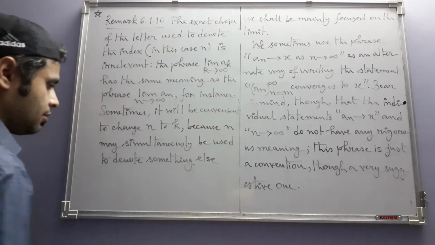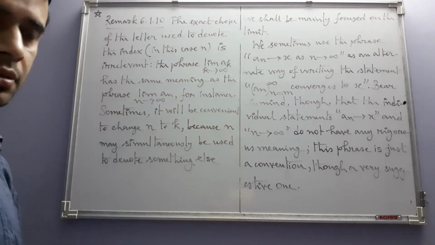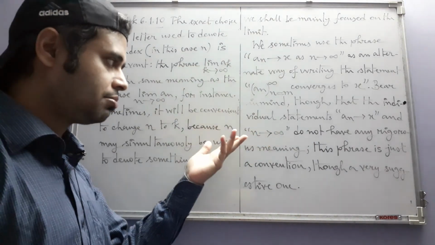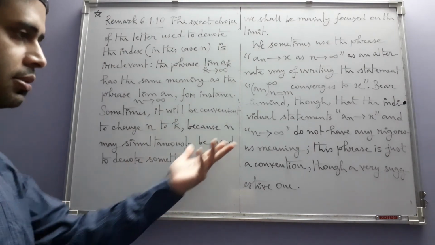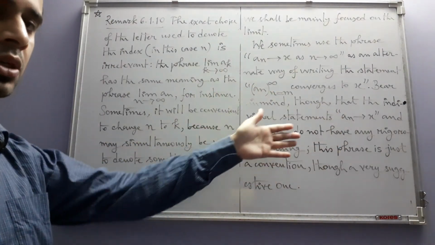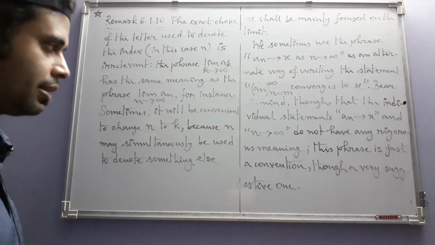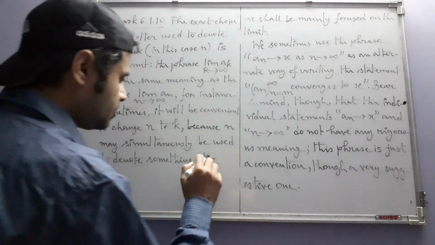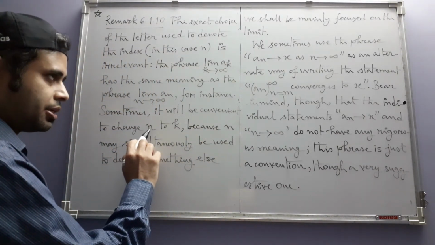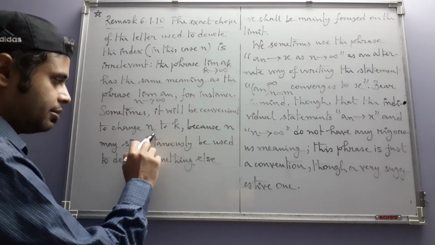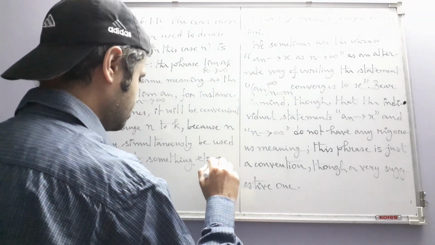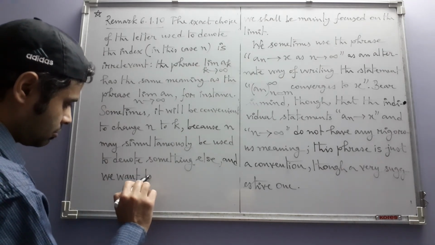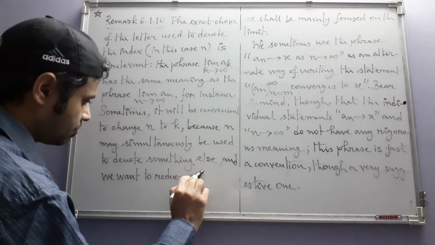So if you already have a situation where you have the sequence a_n, where the general term is a with suffix n, but that name n is available in the same situation somewhere else, say n denotes the number of elements in some set, then that n and this n are clearly different, but you may get confused. So that is a situation where it's better to change the index name into something else, and we want to reduce confusion.